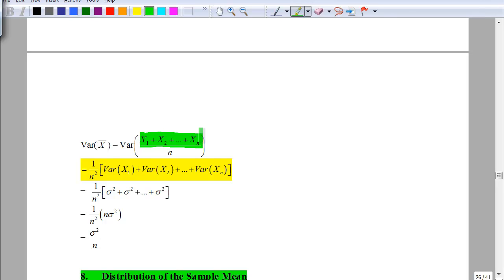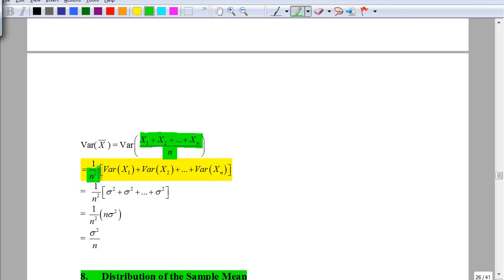Now we know the property of independent random variables. If x1, x2 all the way up to xn are independent, we can add their variances up as what you see here. The only other property that you need to take note of for variance is that, since n is within the bracket, when you take it out, you actually have 1 over n squared.